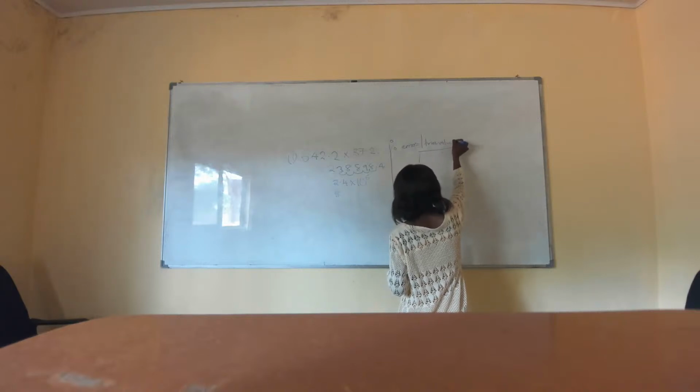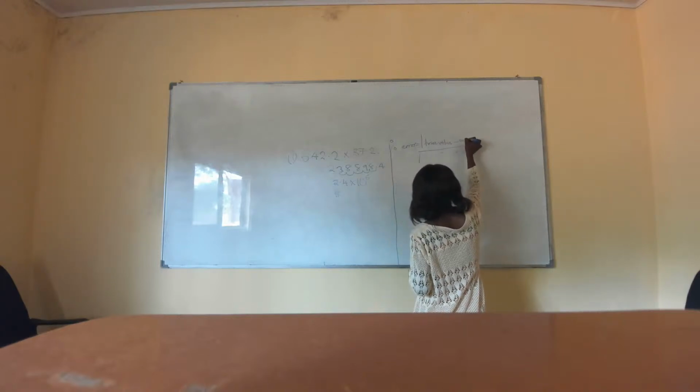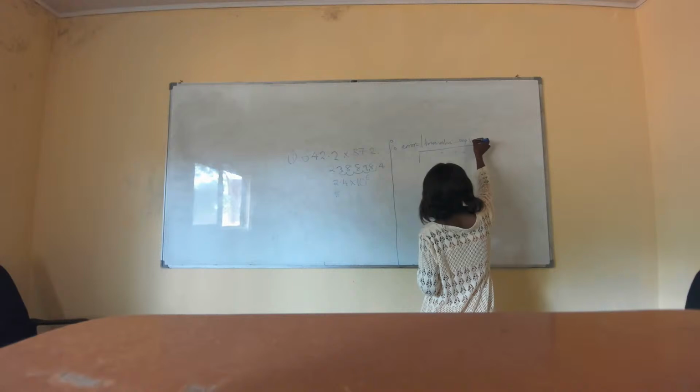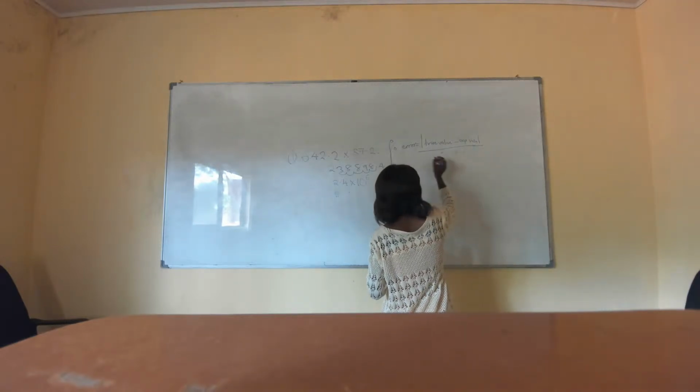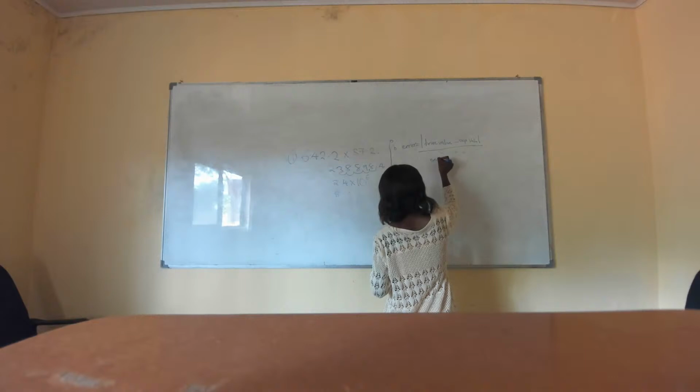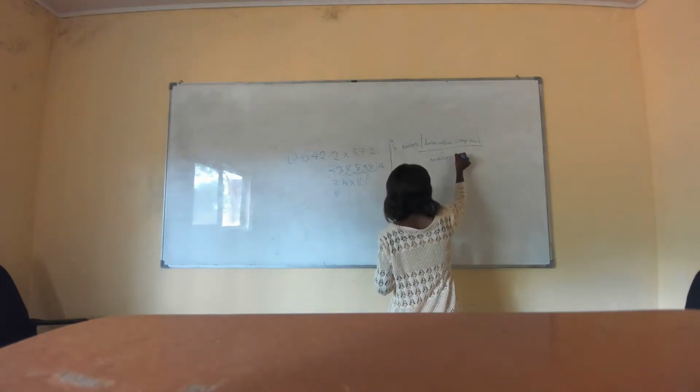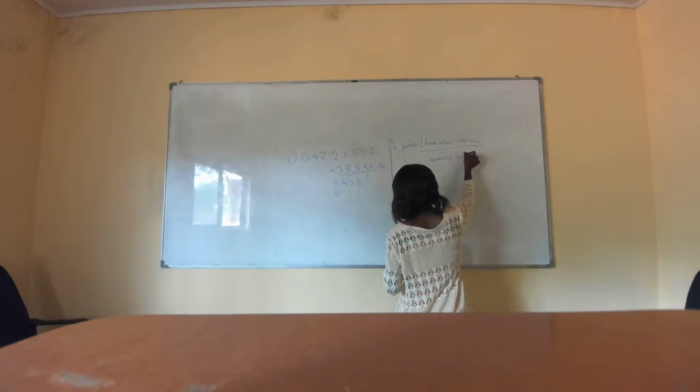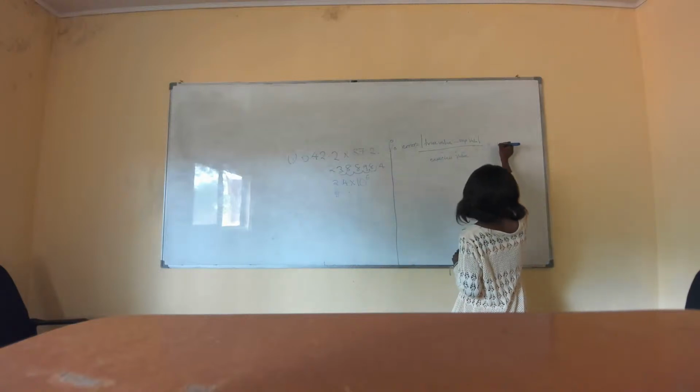It was true value minus expected value over expected value times 100%.